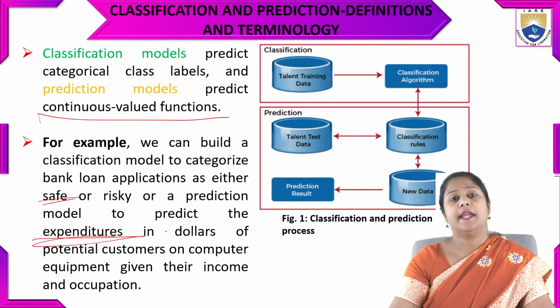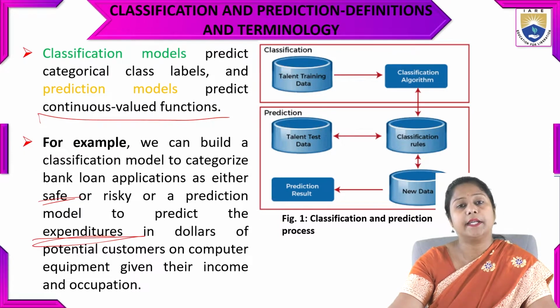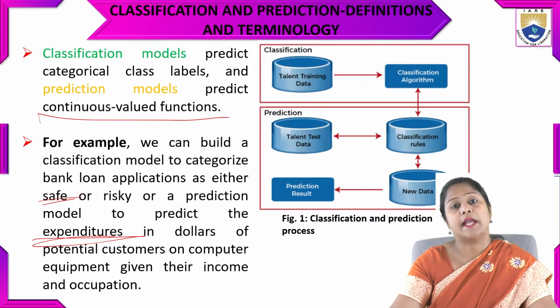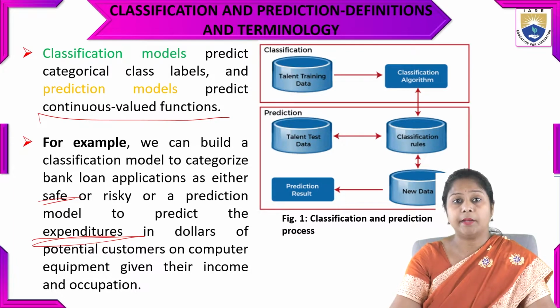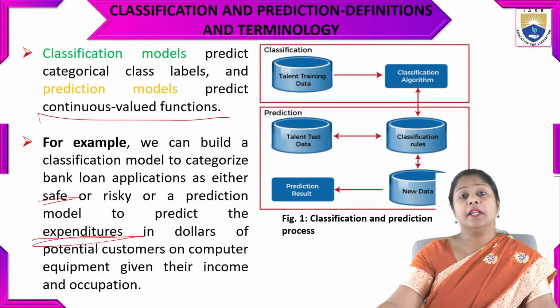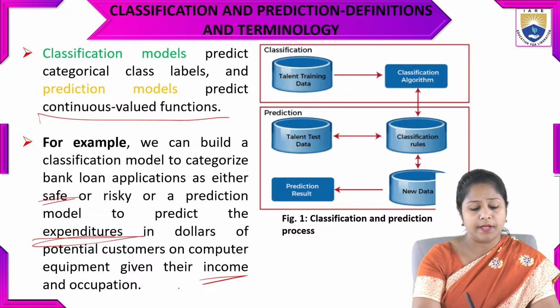For predicting the expenditure in dollars for potential customers, given their income and also their occupation, when they apply for a bank loan application, the bank employee who is going to give the loan will go through the past data having the income and occupation of that particular customer.